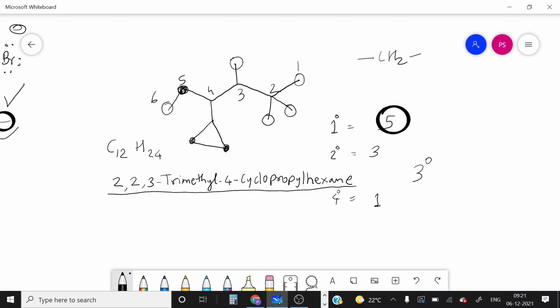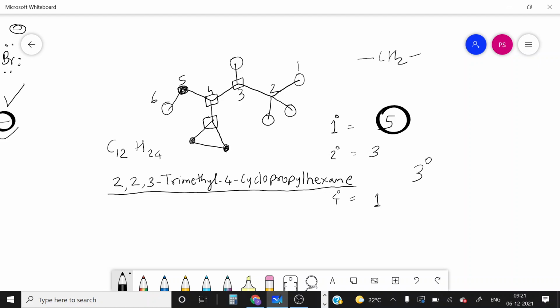Tertiary carbon, you can see here, this carbon is directly attached to 3 other carbon atoms, and this carbon is also directly attached to 3 other carbon atoms. Okay, this carbon is also directly attached to 3 other carbon atoms.